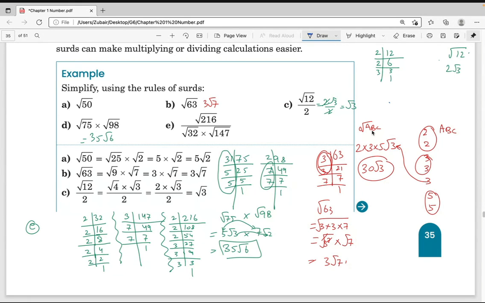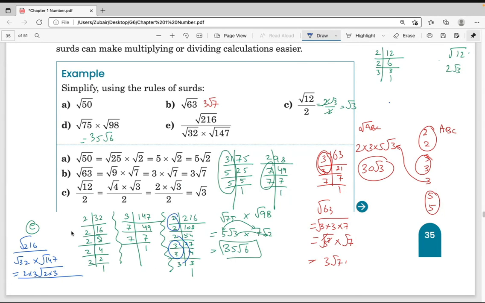So these are our numbers. This is square root 216, square root 32, and square root 147. So what do you get from square root 216? 1, 2. So outside is 2 into 3, and inside is 2 into 3.